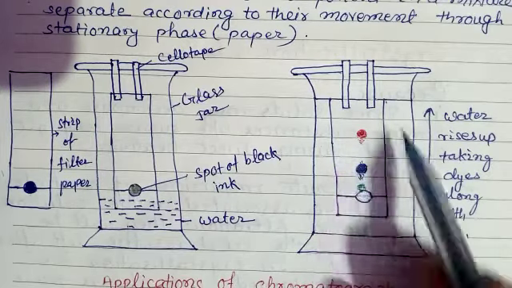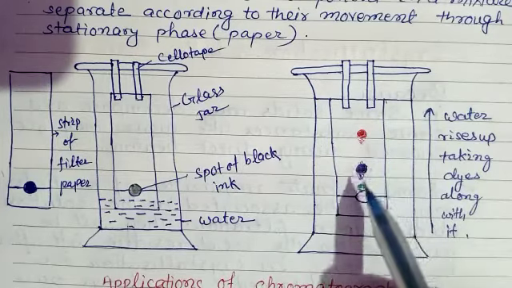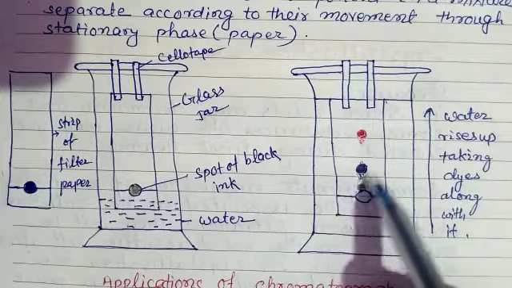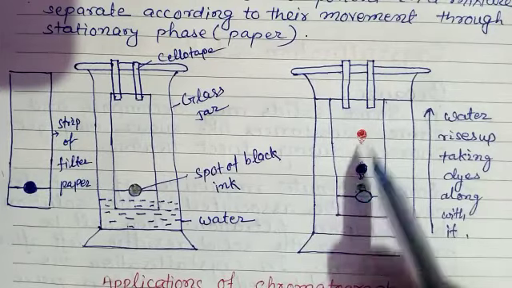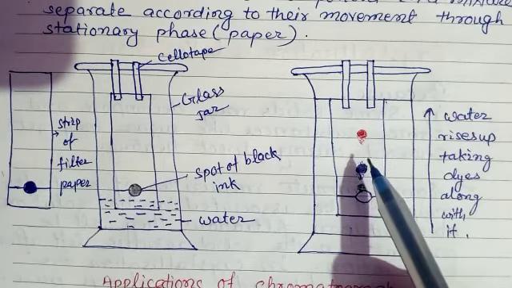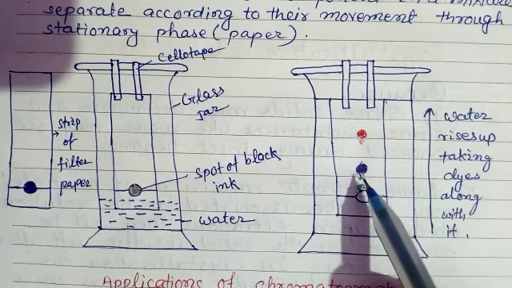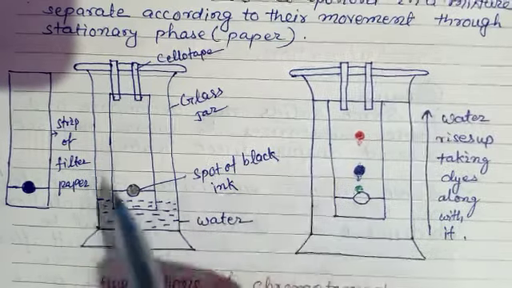The chromatogram obtained by using black ink in this experiment has 3 color spots on it. You can see, this means that the given sample of black ink has 3 different dyes mixed in it.